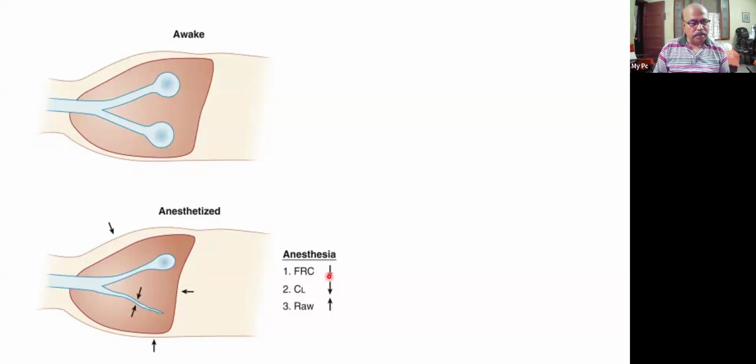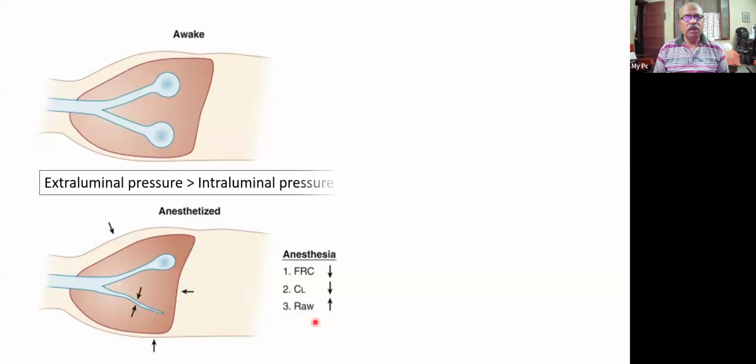It causes a decrease in FRC. There is a decrease in the compliance of the lungs, and the airway resistance increases. So extraluminal pressure becomes more than the intraluminal pressure, causing this collapse. So there is airway collapse.